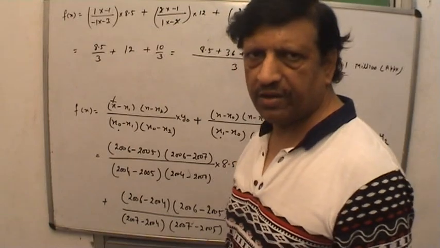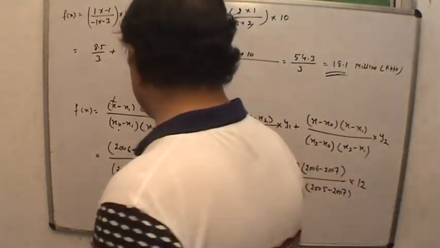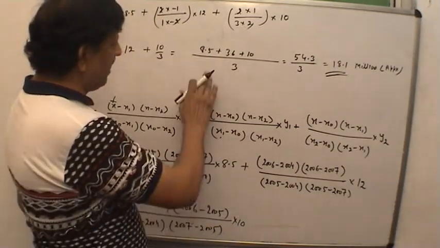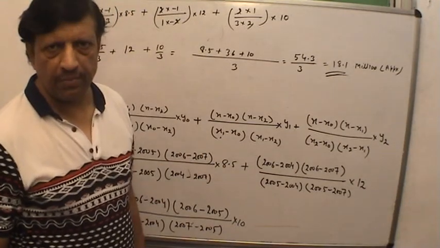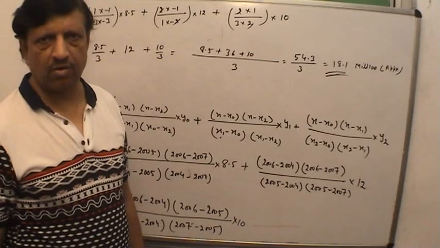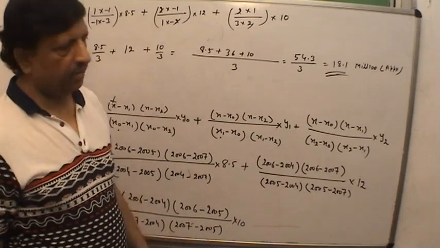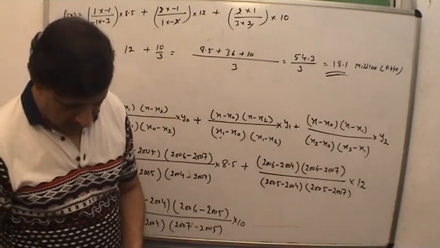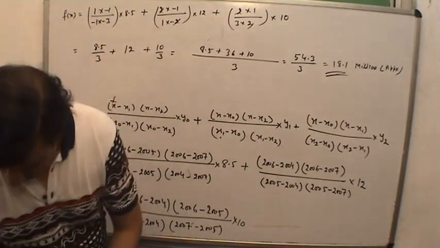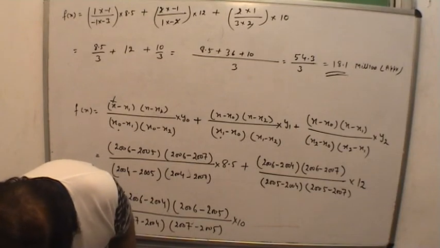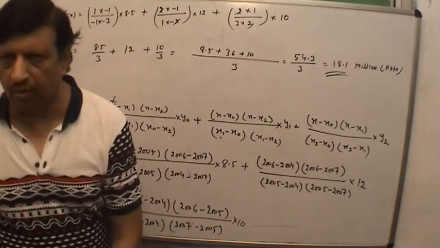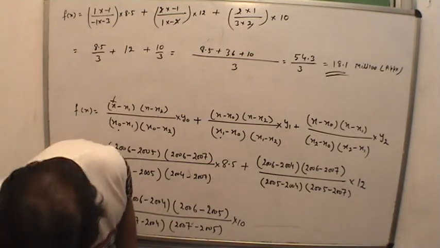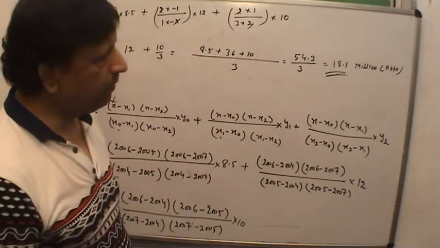If the point of interpolation is not given, then we will solve the equation in x, and at the end we will find a polynomial, either quadratic or cubic. The advantage of such a polynomial is that for any value of x we can solve that polynomial. So that was the Lagrange's interpolation for unequal intervals.